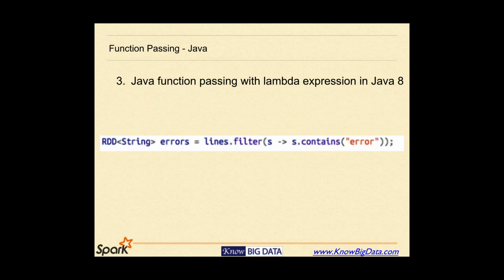It's an anonymous function declaration which can be passed. So here, in lines.filter, we are creating a lambda expression saying, given s as argument, return this. So now you can see that lambda expressions have made life really, really easy.